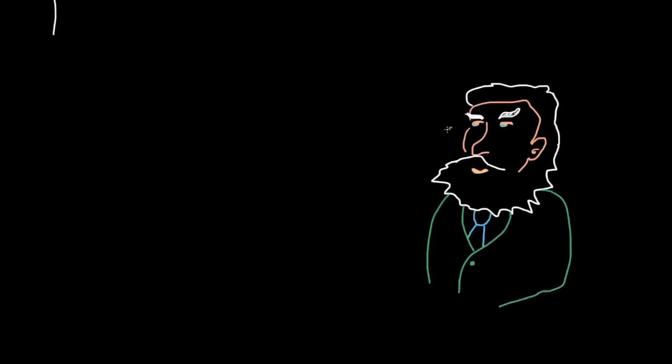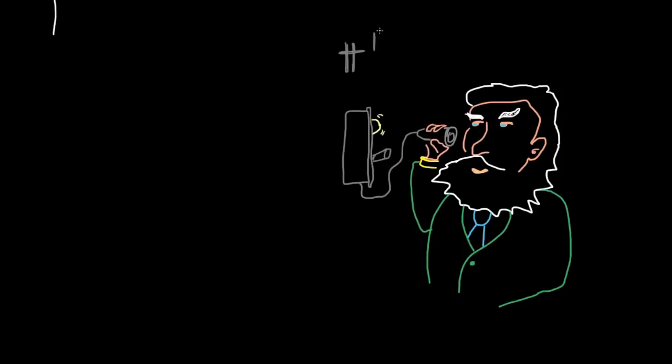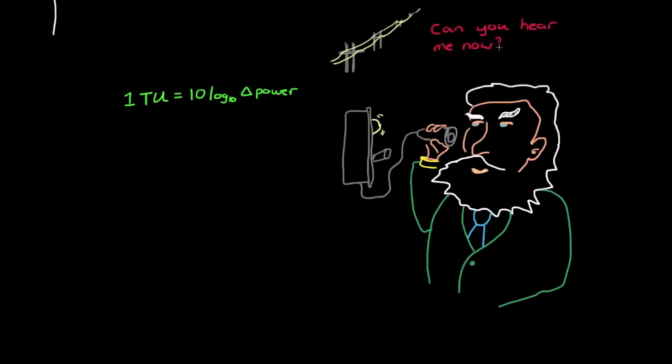Because the ear responds to sound pressure logarithmically, using a logarithmic scale corresponds to the way humans perceive sound. They created a measurement called the transmission unit, TU, where 1 TU equaled 10 times the log base 10 of the power loss, and this was chosen because it approximately was the smallest power attenuation detectable to the average listener.